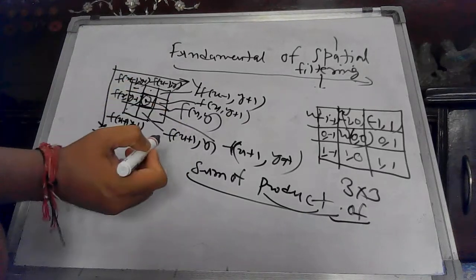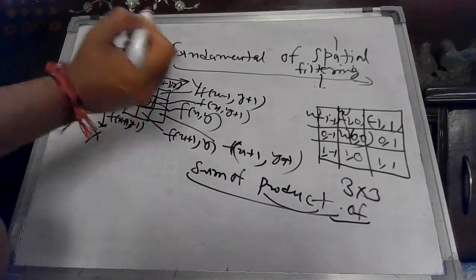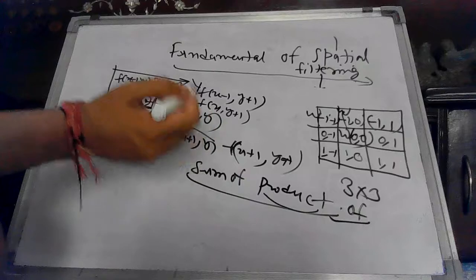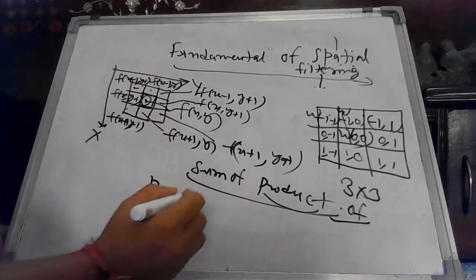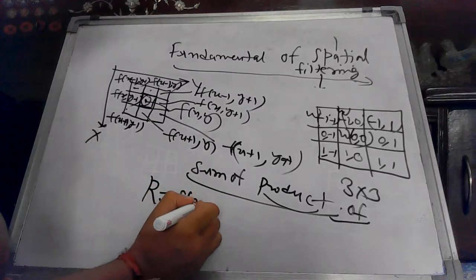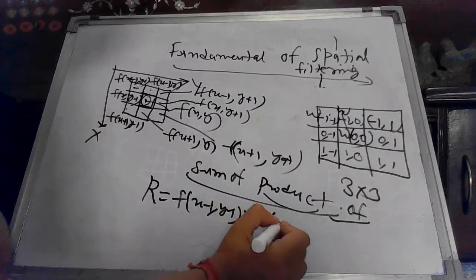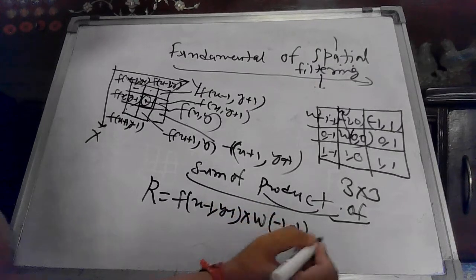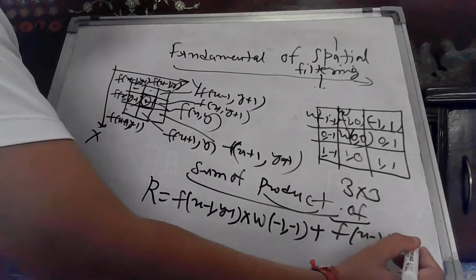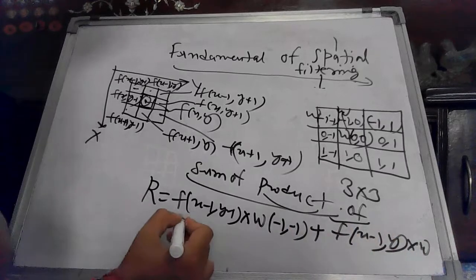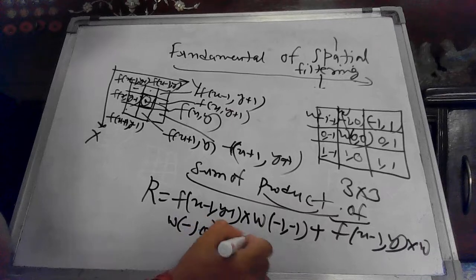Okay, so if you see mathematically the resultant answer you are getting, let's say you are processing one image under consideration, you are getting it like this. So mathematically this is represented like R is equal to, how will you represent? R is equal to f of x minus 1 comma y minus 1 multiplied by W of minus 1 comma minus 1, plus f of x minus 1 comma y into W of minus 1 comma 0, multiply that.